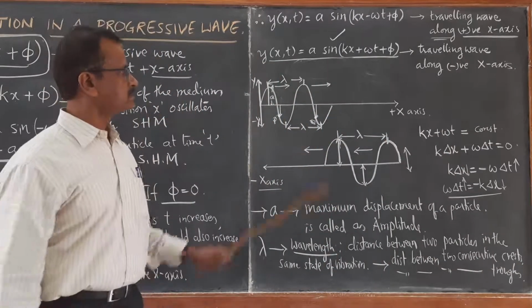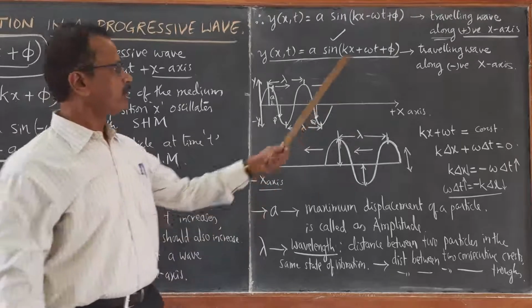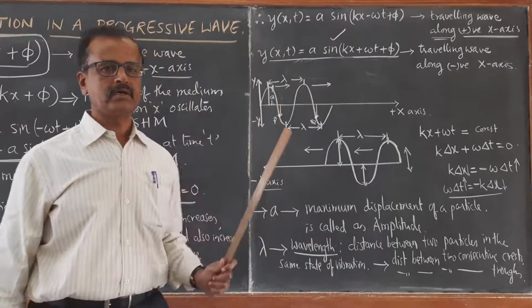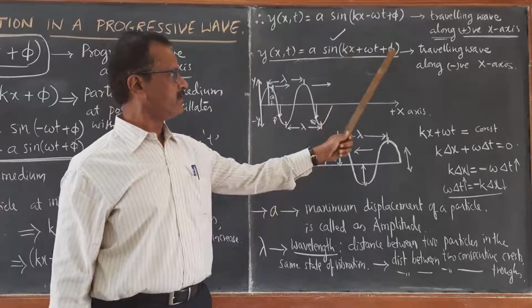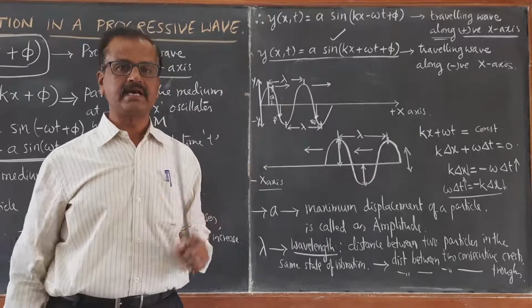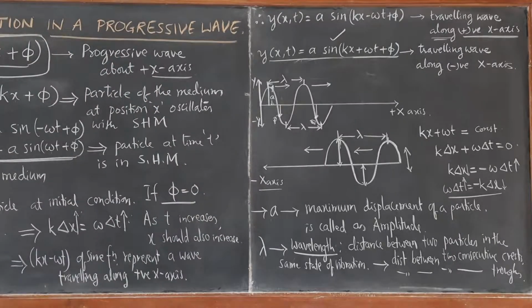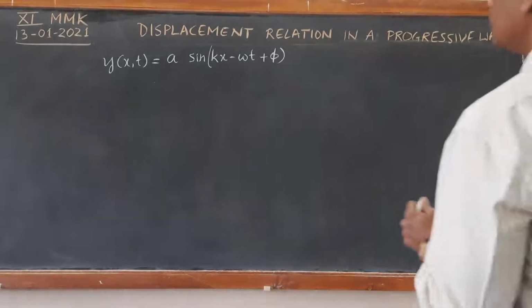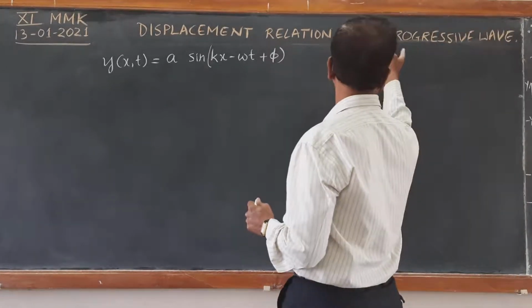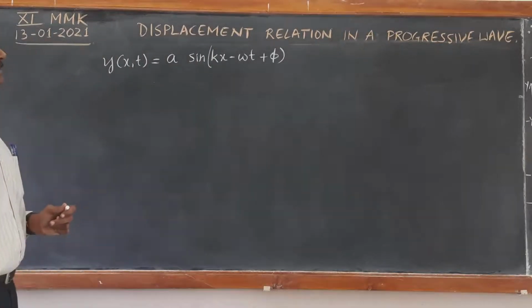Now we will define what is K. K is defined as wave number, and omega, as we have defined earlier, is called angular frequency, and phi is the initial phase angle or initial phase constant. So now coming back to the displacement relation in a progressive wave, y(x,t) = A sin(kx − ωt + φ).